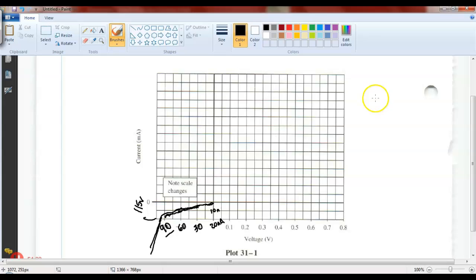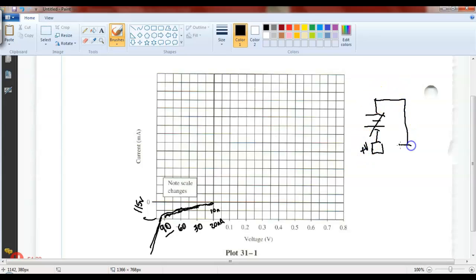But what you're going to do is use the positive variable supply. So you're going to use that little terminal that says positive V. And then, of course, you're not going to use the negative.